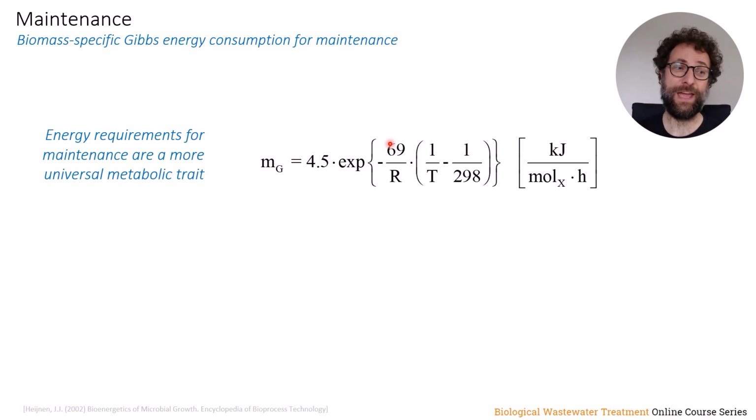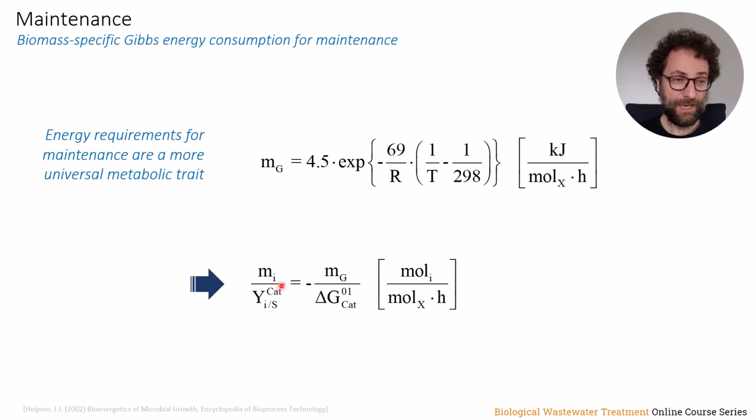Now that you have the kilojoule per mole hour of your given reaction, and if you know, and I assume you do, the stoichiometry of your catabolism, we can then obtain the requirements for any compound i involved in the catabolism from this very value, just by dividing it with the delta G of the catabolism and the stoichiometric yield of compound i in the catabolism.